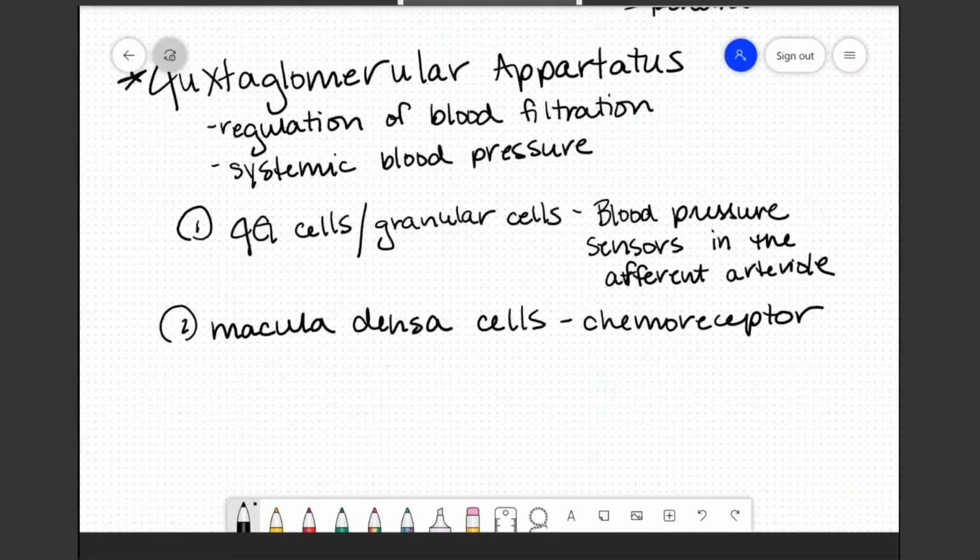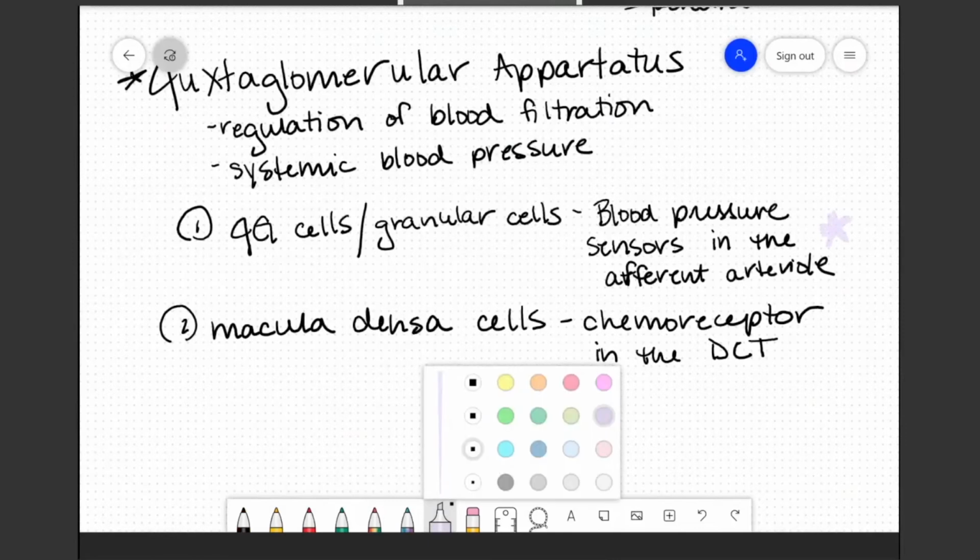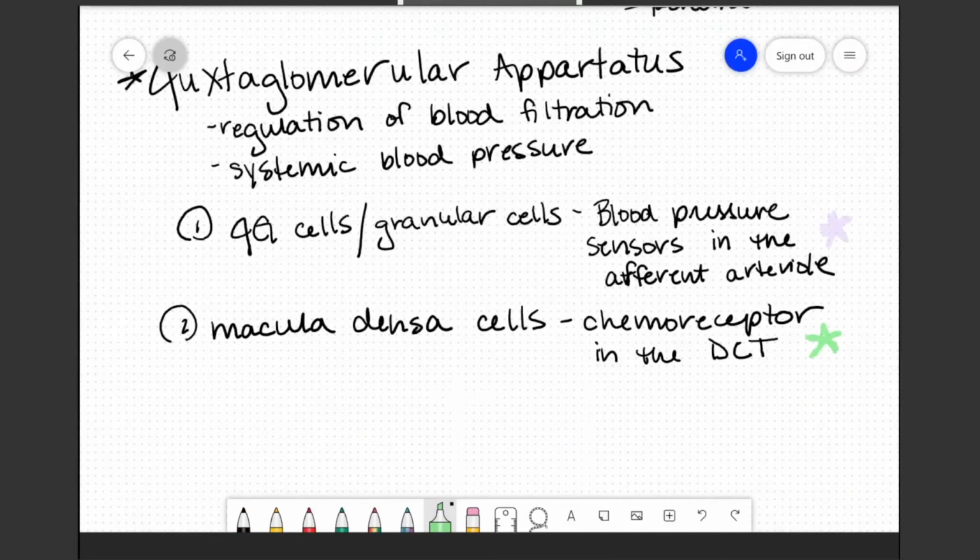Chemoreceptor, and these are going to be found in the distal convoluted tubule. So it's a chemoreceptor that is found in the distal convoluted tubule. So if this guy right here is labeled as our JG cells, then our macula densa cells in our DCT are going to be labeled like this.